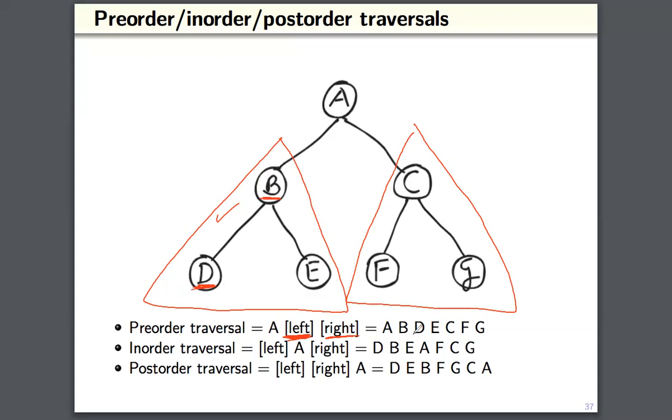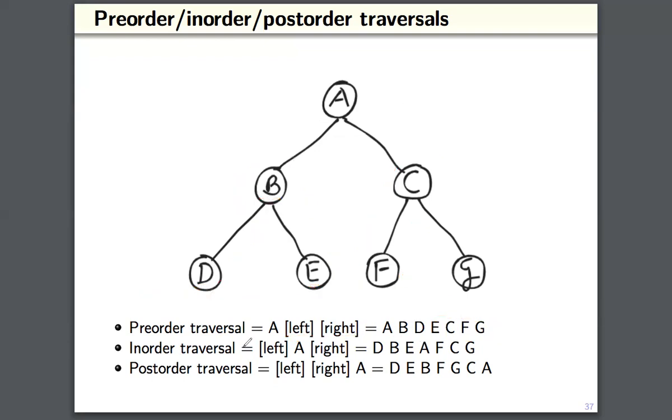Left second, right subtree third. So this left subtree of A is really BDE, right? BDE. And right subtree of A is CFG. Make sense? CFG. So this is your pre-order traversal.